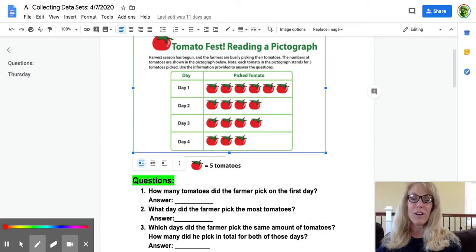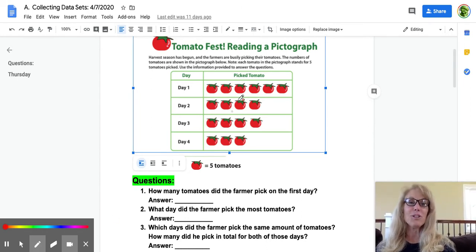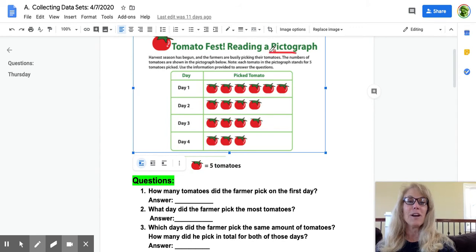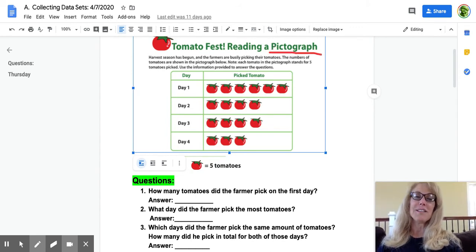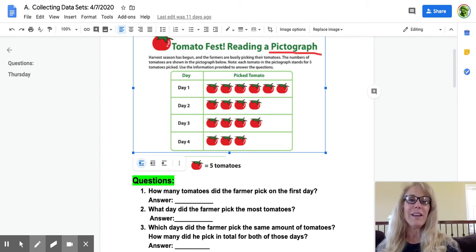I'm going to go over the directions today for our collecting data sets worksheet on our online assignment for April 7th, 2020. So today we're going to be looking at a pictograph. The name of the assignment is Tomato Fest, reading a pictograph. A pictograph is a way of showing data using images.